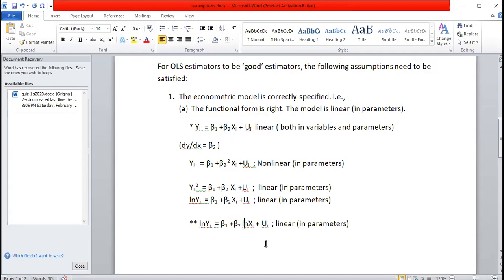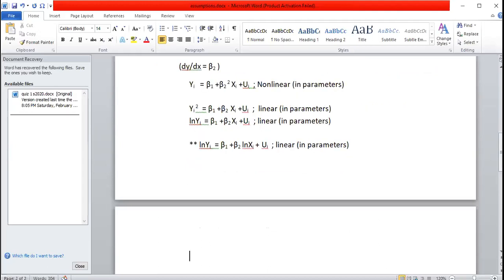Professor, do we say if we increase ln x by 1, then on average ln y increases by beta 2? True, that's not wrong. You increase log x by 1, and log y will increase by beta 2. But it has a more practical meaning.